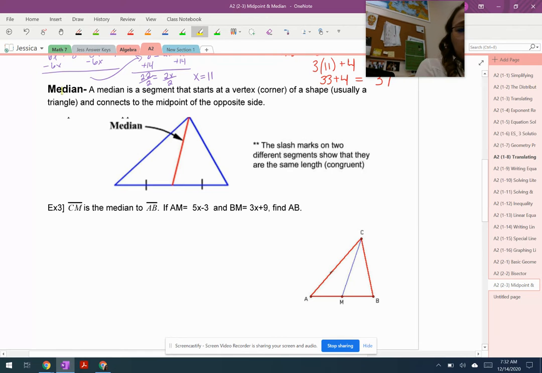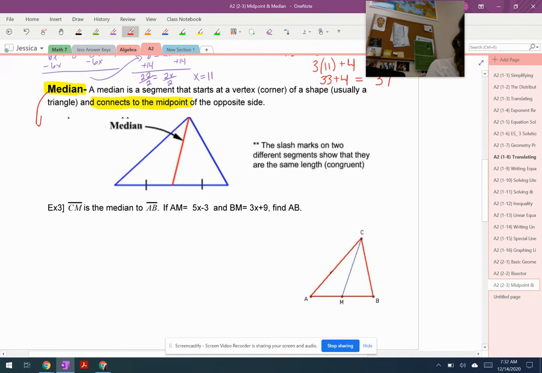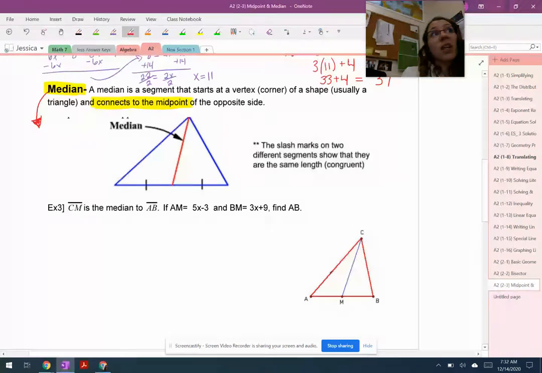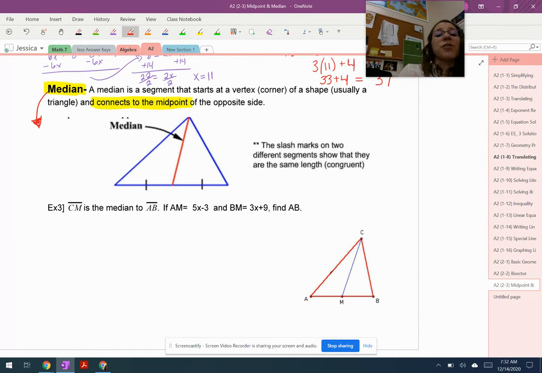So a couple important things. Median connects to the midpoint. So basically, what we're taking away from a median is that a median is kind of like a bisector for the opposite side.